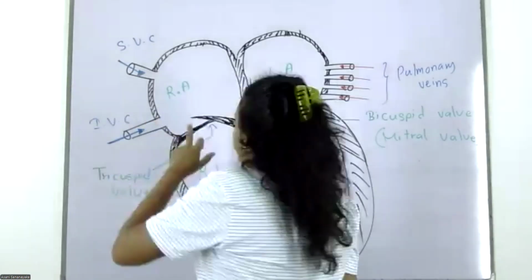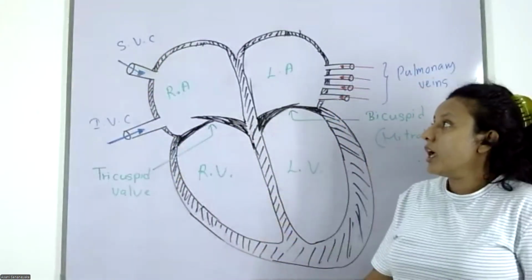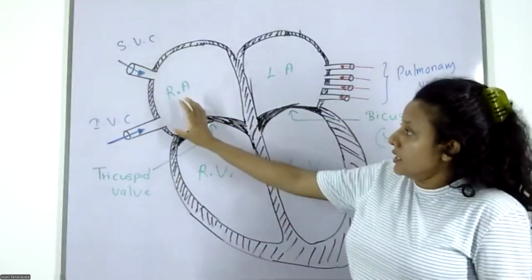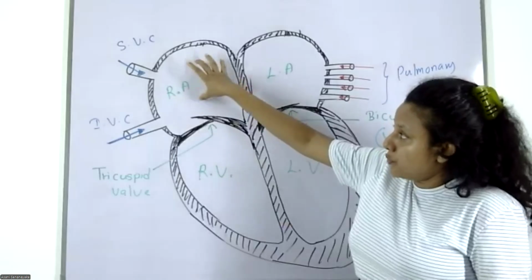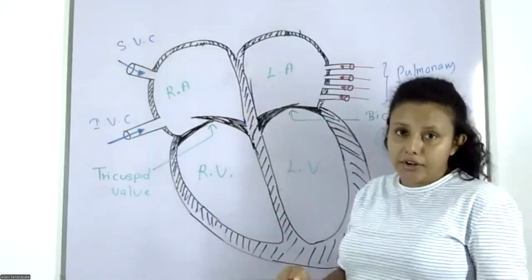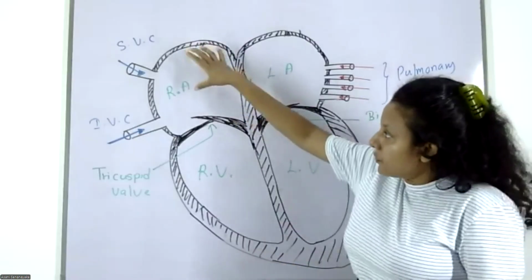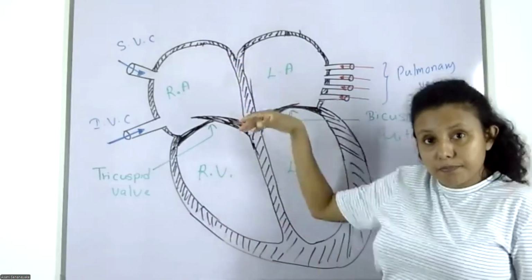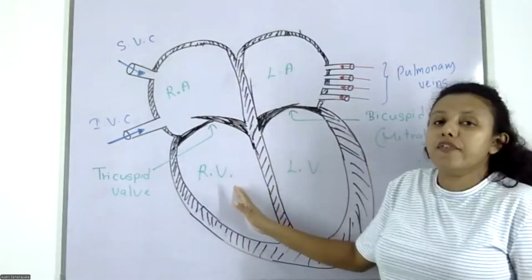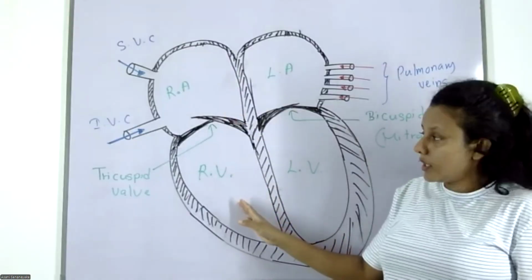So then the blood fills the right atrium. When the blood has filled the right atrium, this blood passes to the right ventricle.